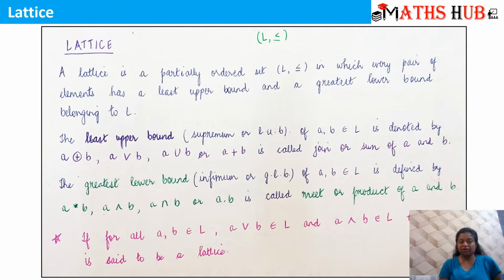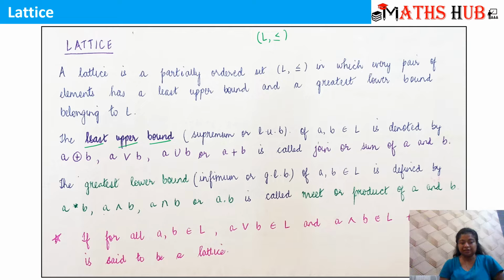So let's recall what was the least upper bound and the greatest lower bound. If you remember my last video, the least upper bound is also called supremum or LUB. So if I am taking two elements A and B belonging to the poset L, then the supremum or the least upper bound is denoted by these symbols.